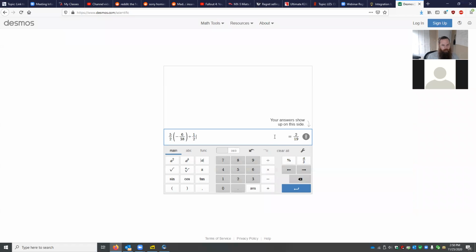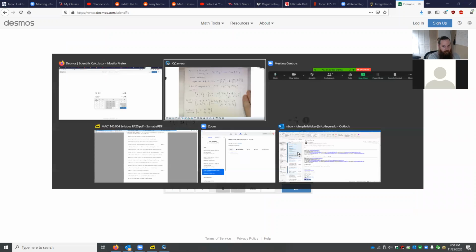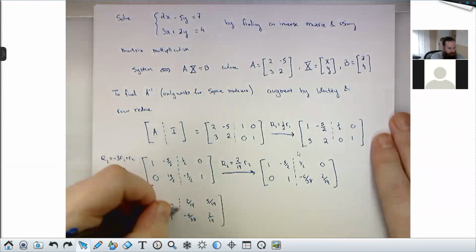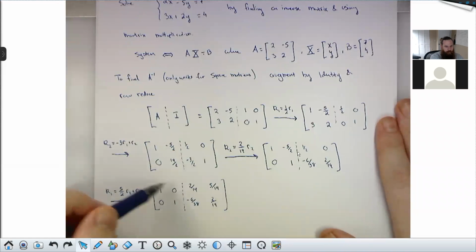So that's enter. Now I need 5 halves times 2 over 19 plus 0, which as a fraction is 5/19. Now let me come back. That was our last row operation that we needed to get this into reduced row echelon form.